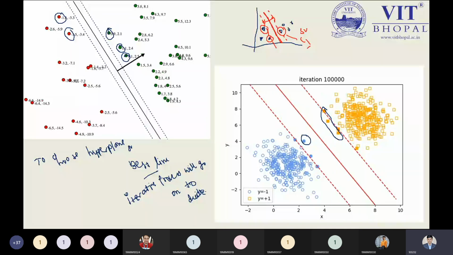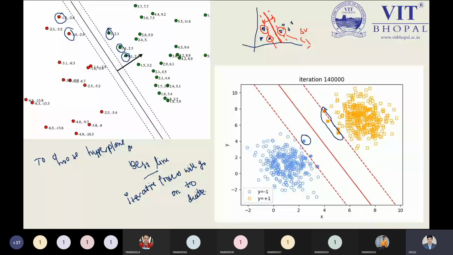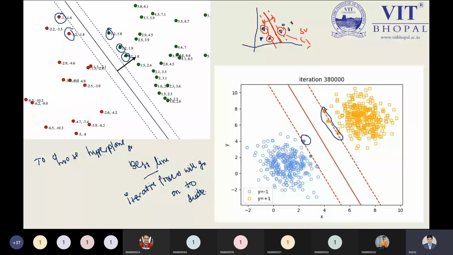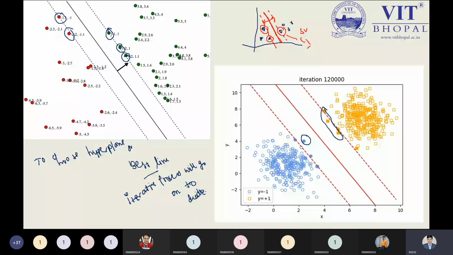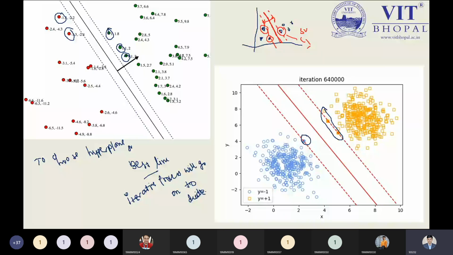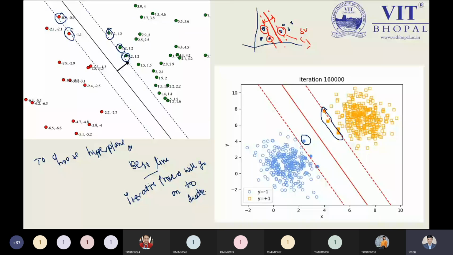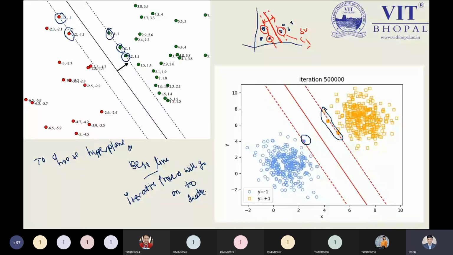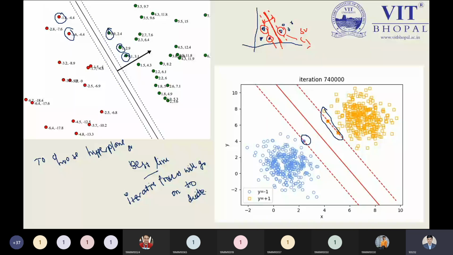The more maximum space we have, the more appropriately we can classify the data, because we have a long distance between the two different classes. So the hyperplane is the line which describes the separation between the two different classes. That is an important point we need to understand.